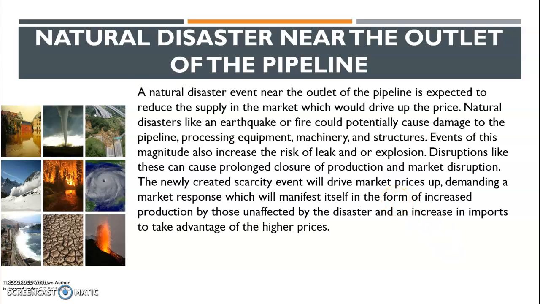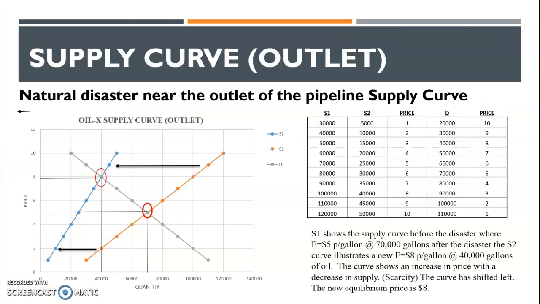The newly created scarcity will drive market prices up, demanding a market response, which will manifest itself in the form of increased production by those unaffected by the disaster and an increase in imports to take advantage of the higher prices, such as other investors coming in and investing in the opportunities that we're not producing.